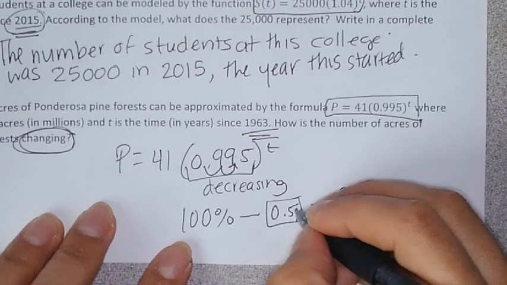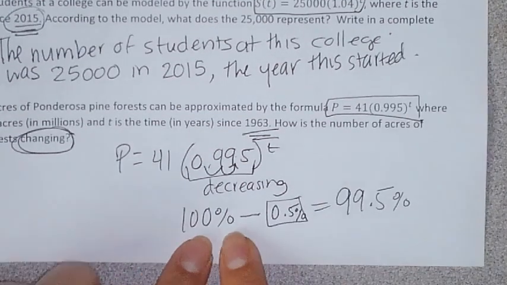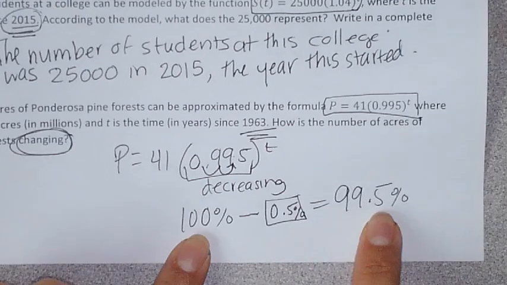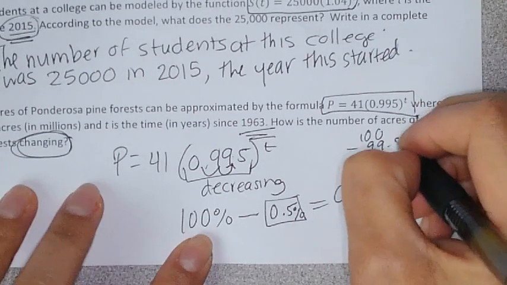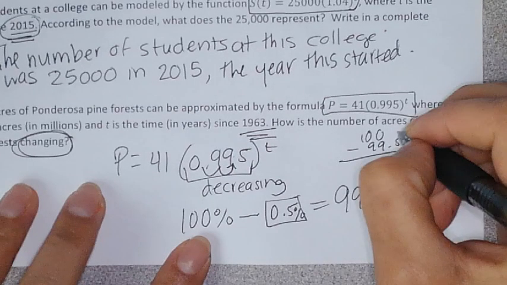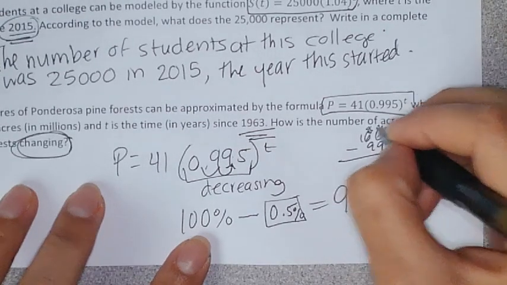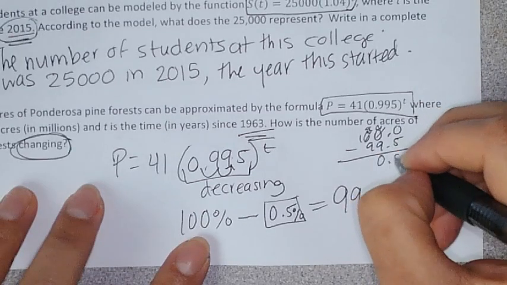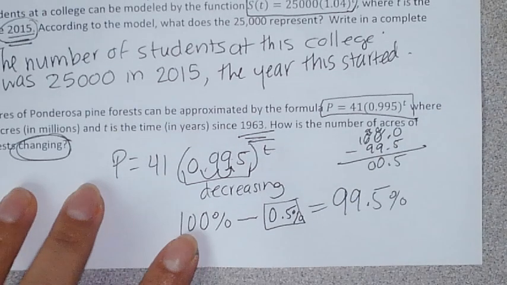If I subtract 100 minus 99.5, I will get 0.5%.